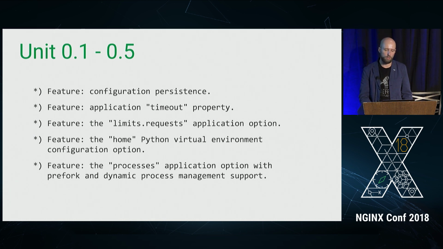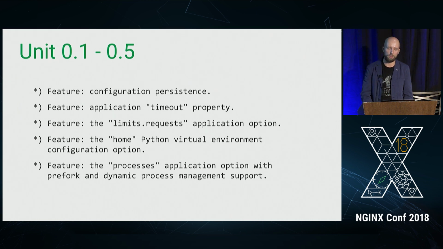Next thing is the virtual env for Python, and that is really popular for most production Python deployments, as it allows you to have multiple kinds of environments in the same system with different modules and different settings. We had that one with the name of the parameter home.